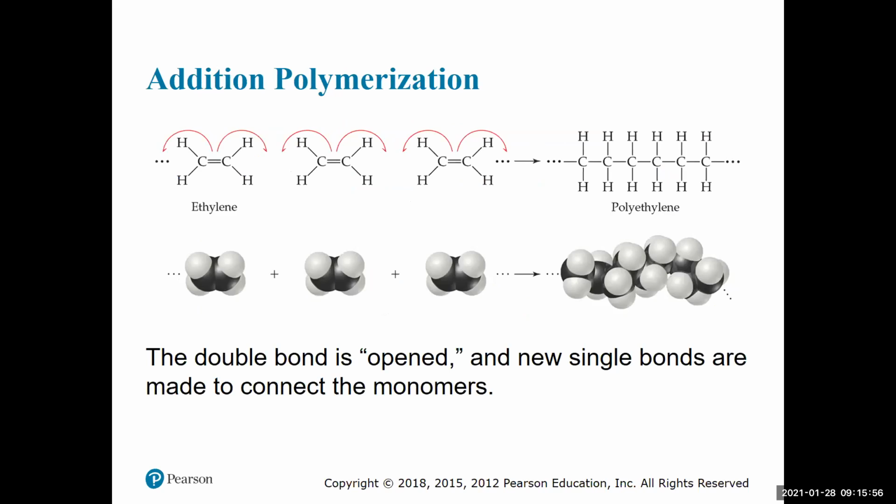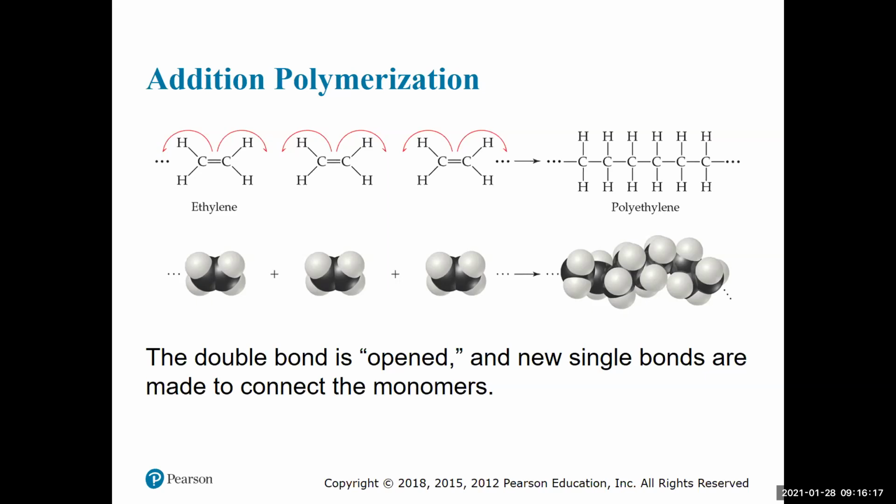So here's an example of an addition polymer. In this case, we have ethylene. Ethylene is a pretty common starting material in the polymer world. What you see here is you have that double bonded carbon to the other carbon.